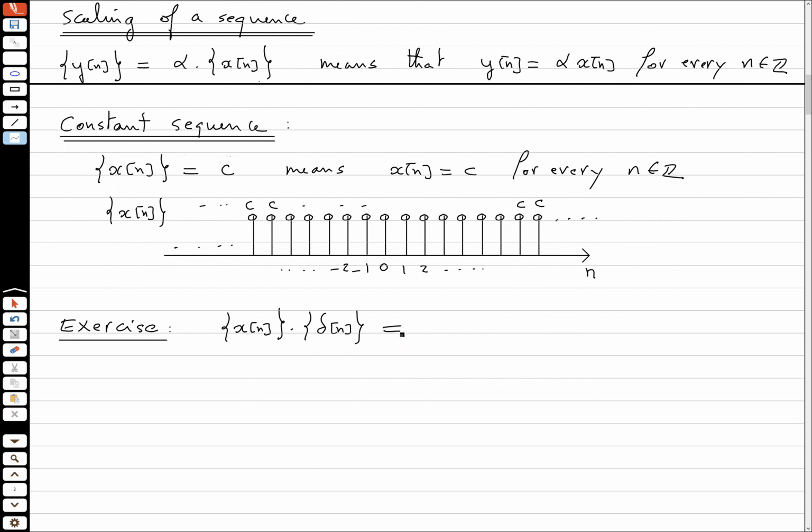The question is, I would like you to give me the name of a sequence that gives the same result but has a different formula. Give me a sequence that gives the same result but a different formula.